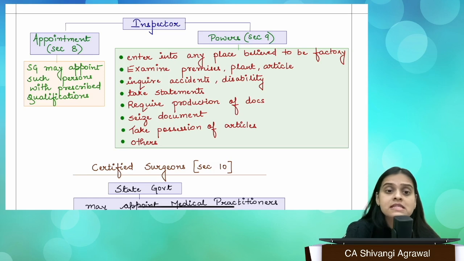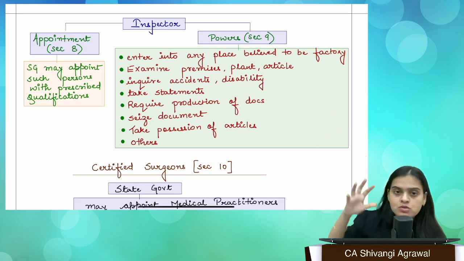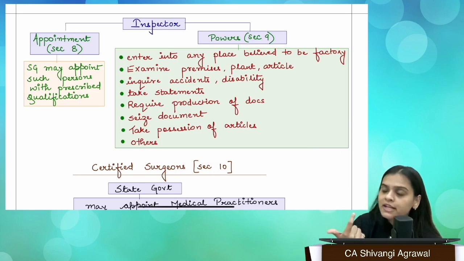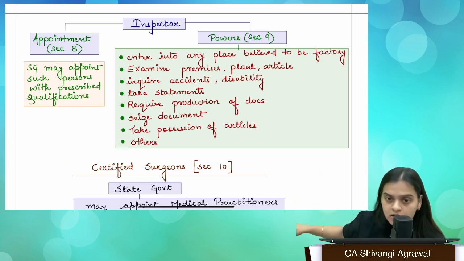Then we also have section 7A, which talks about the duties of the occupier. Occupier duty is very simple, and it's not something which we read and elaborate. It is simply the duty of the occupier to ensure that the health, safety, and welfare of all workers is intact. Whenever they come to work, the safety has to be ensured by the occupier.